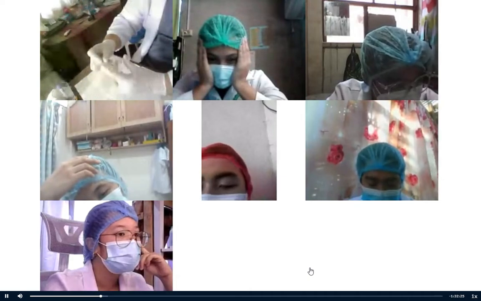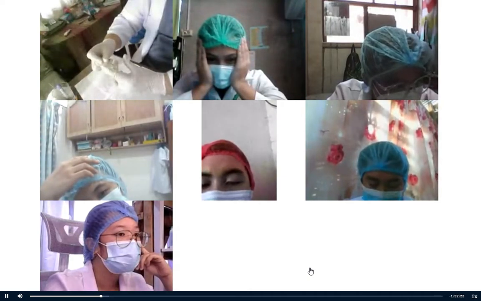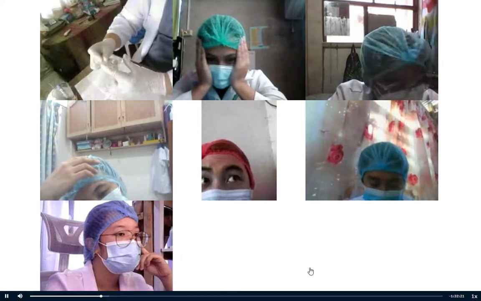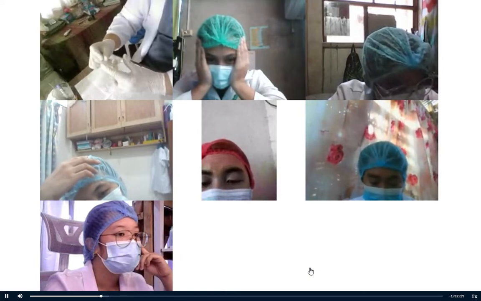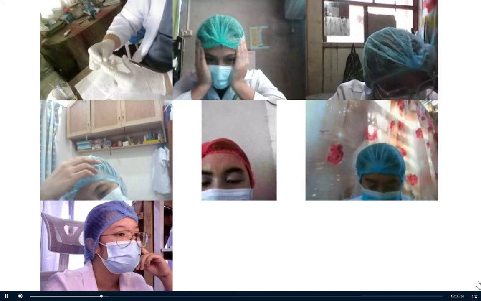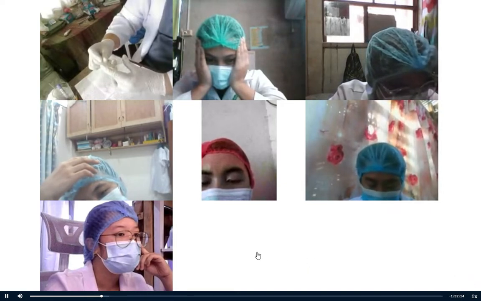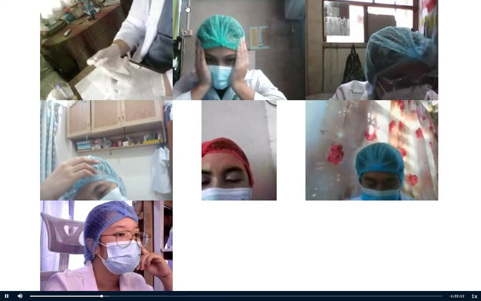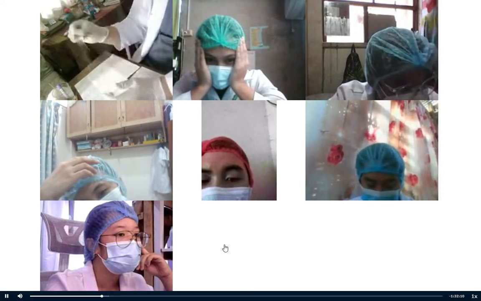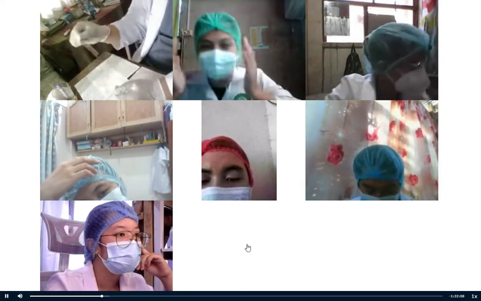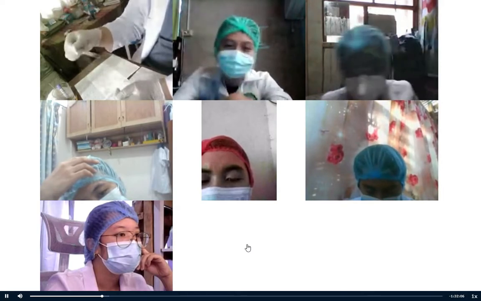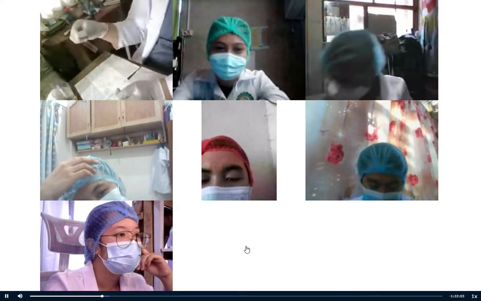Then you slowly spread the blood. And then at an angle of 30 to 40 degrees, you would slide it down, making your smear. Pangit ng pagkagawa ko. Sorry, class, greasy ng slide. So that's how you make your blood smear.